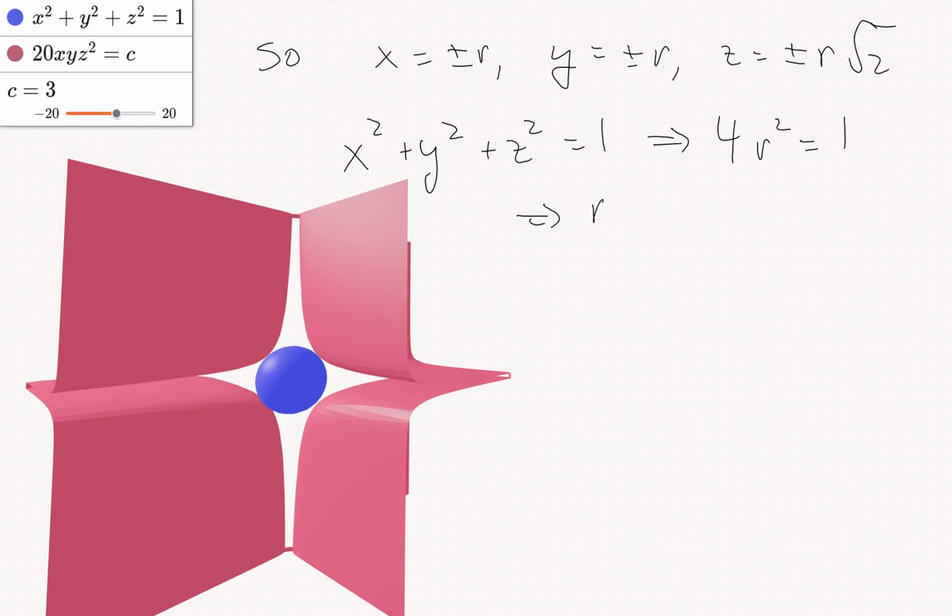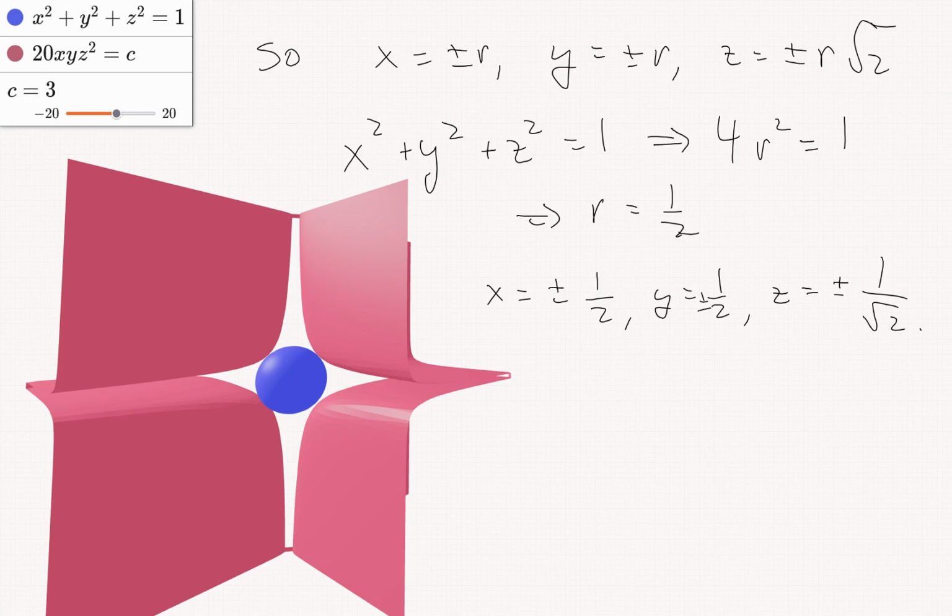So r is equal to 1/2. And thus x will be plus minus 1/2, y will be plus minus 1/2, and z will be plus minus 1 over root 2.